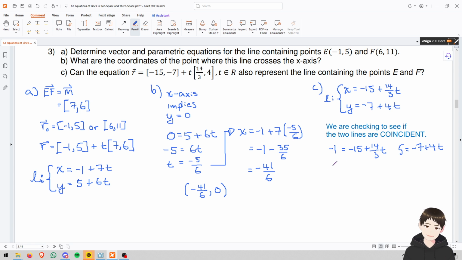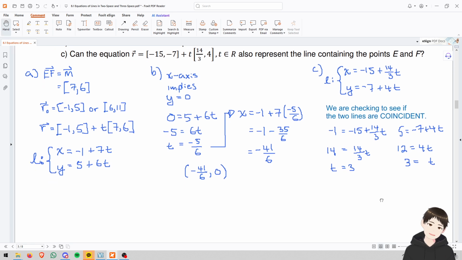Adding both sides by 15 gives me 14 equals 14 over 3 t. I'm going to multiply both sides by 3, divide both sides by 14, t equals 3. Add both sides by 7 is 12, and divide both sides by 4, it's 3. Both parameters are the same. So the same parameter got me -1 and 5.